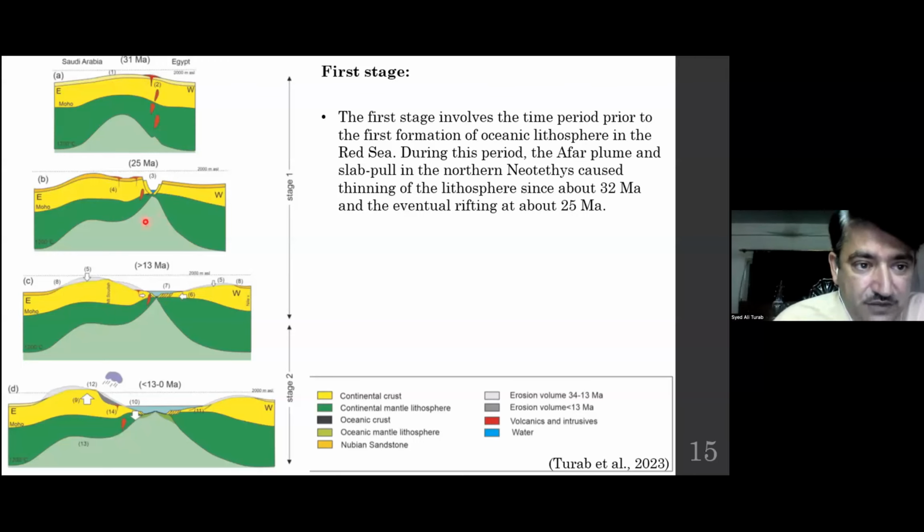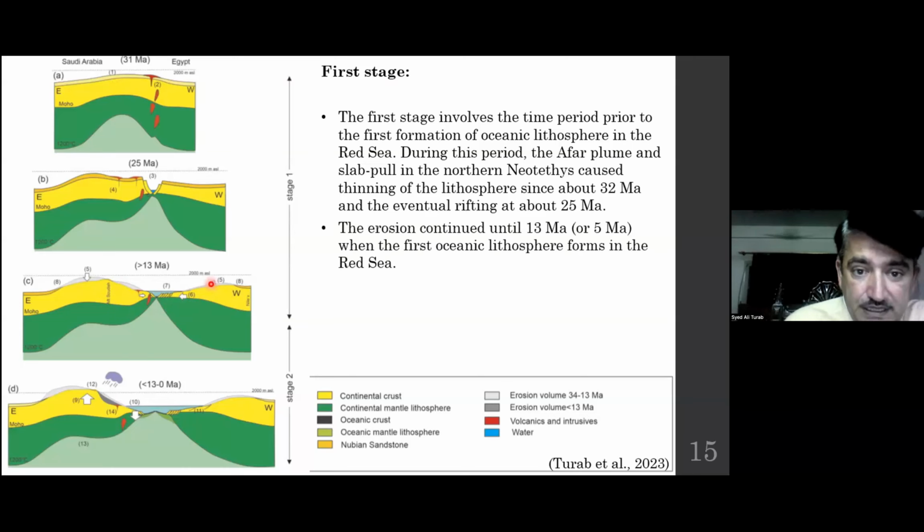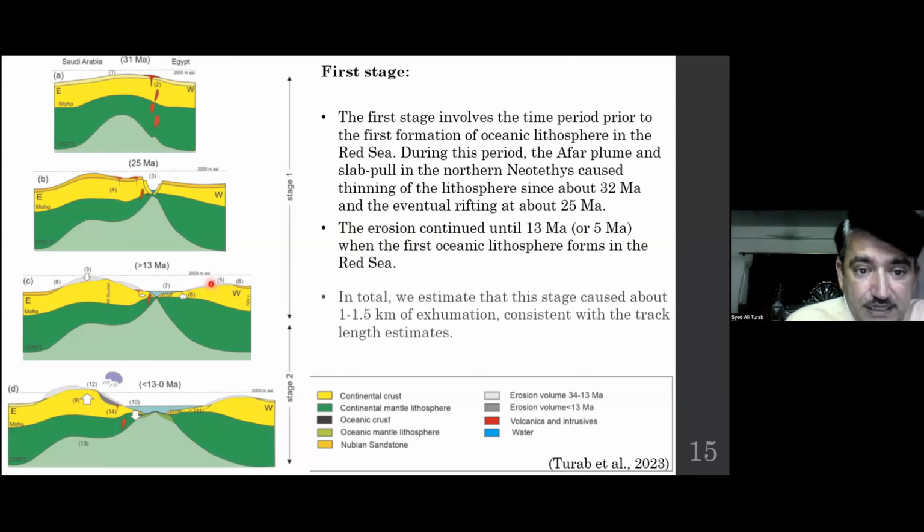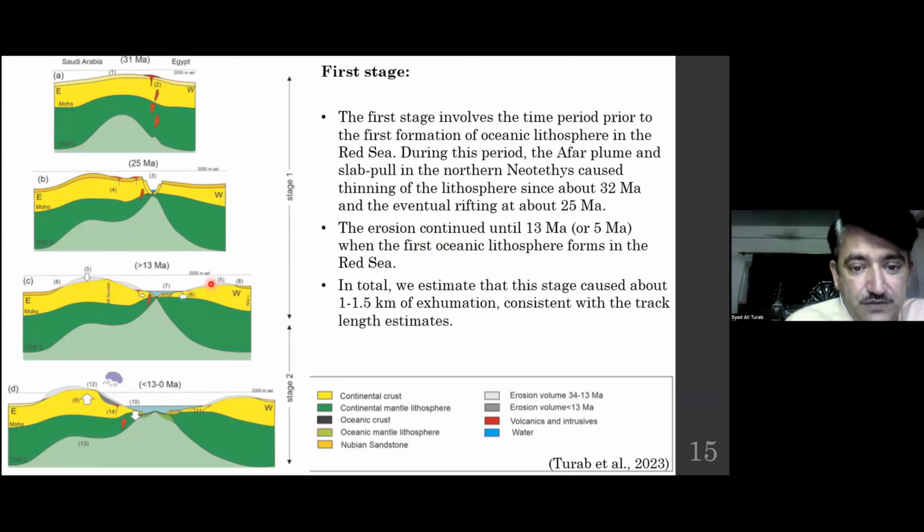Around 25 million years ago, the breakup of the plate happens, somewhat west of the maximum thinning, followed by the erosion of the updome area and the rift flanks on both sides of the Red Sea rifting. So this stage involves, according to our estimates, 1 to 1.5 kilometers of exhumation.